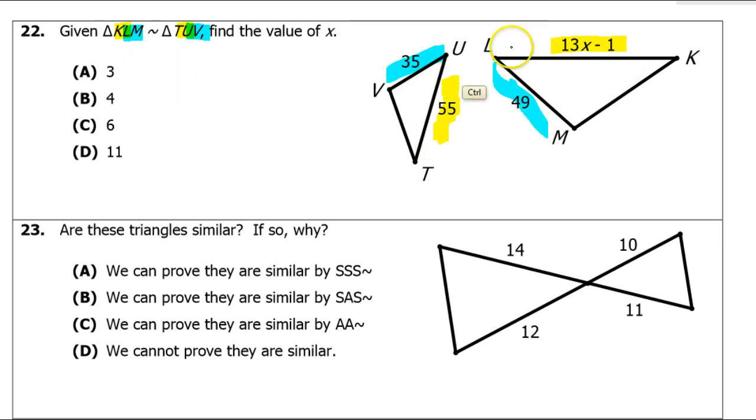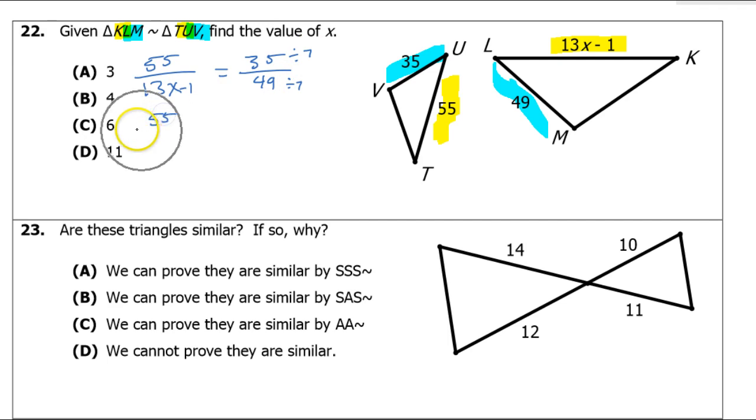So for example, yellow over yellow, small over big, that's going to be 55 over 13x minus 1. And then when I do blue over blue, small over big is 35 over 49. Now this fraction reduces because both of these are divisible by 7. So this is going to give me 55 over 13x minus 1 is equal to 5 over 7.